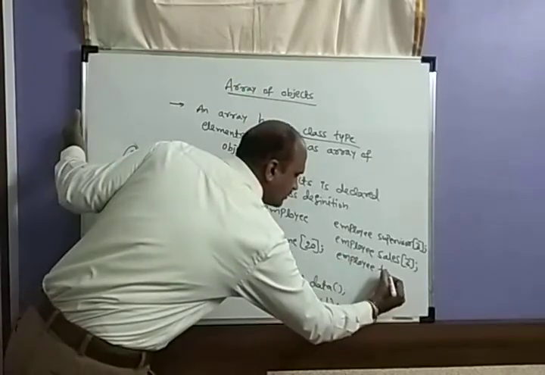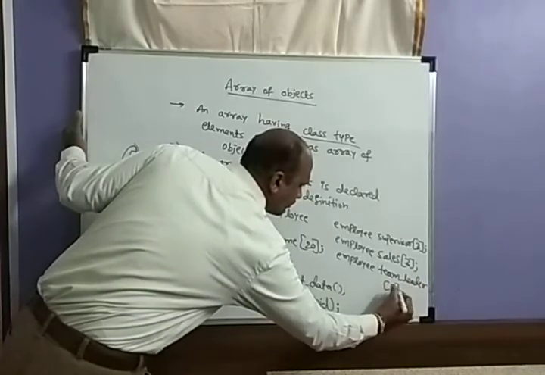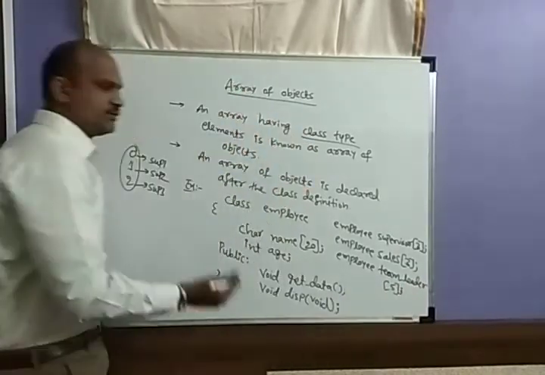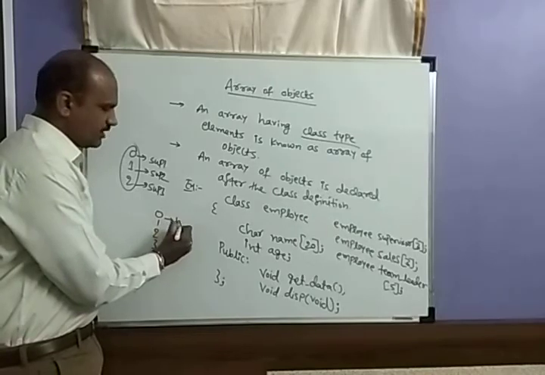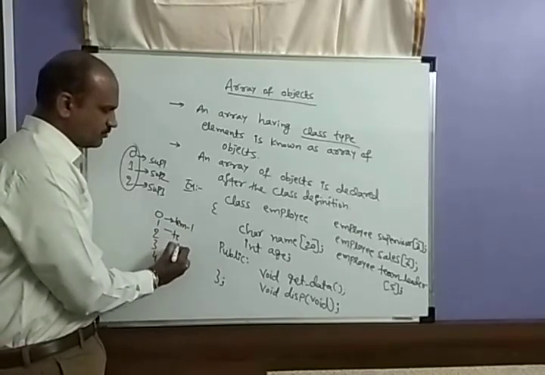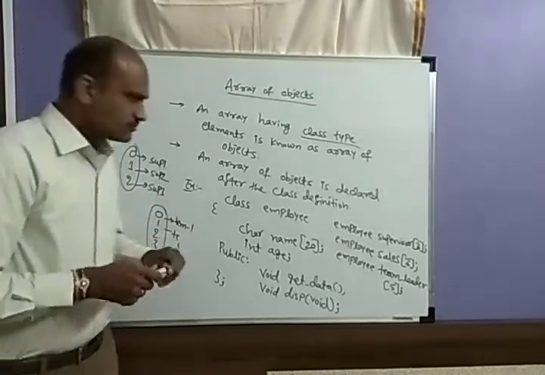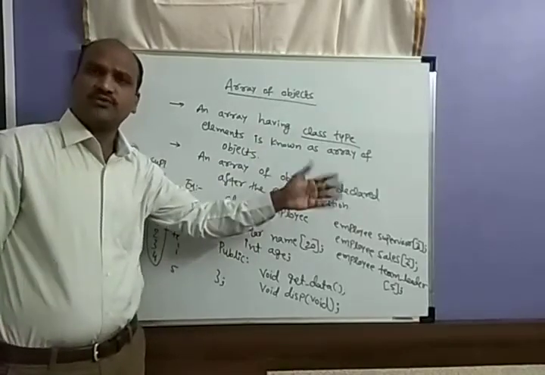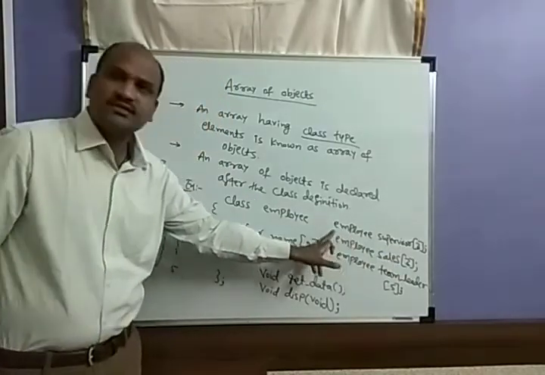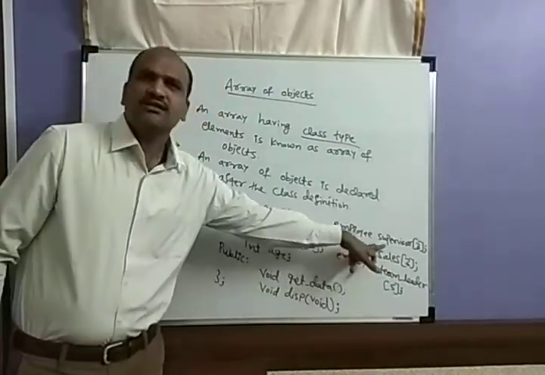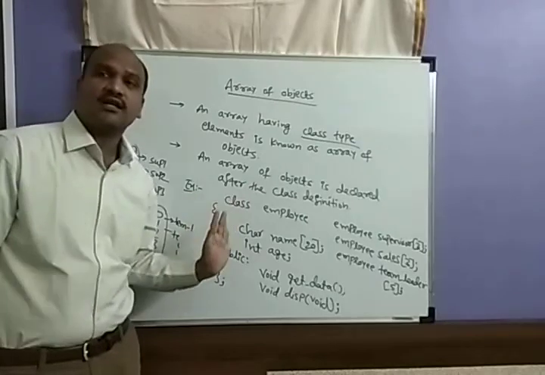We declare it with size 5, so it will be 0 1 2 3 4, so team leader 1, team leader 2, like this we have 5, so the array will be read from 0 to 4. So the difference from the objects we created earlier is that now we created them with arrays, with the same class name and the object name and the array. Like this we can create an array of objects.